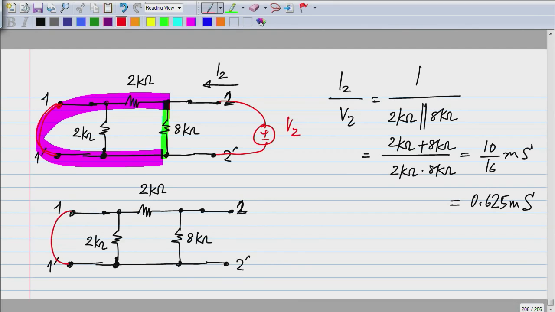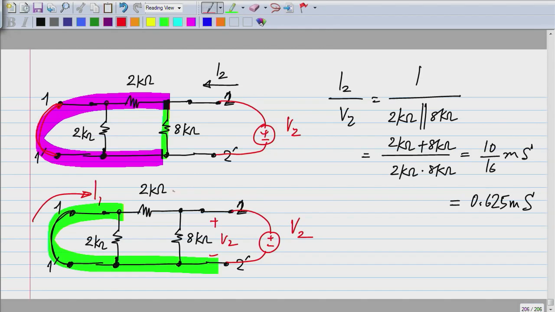And to calculate Y12, what I have to do is to find this current, sorry, I1, as a function of V2. I apply V2 and find I1. So again, you see that this V2 appears directly here, and also because this is short circuited, V2 appears here.